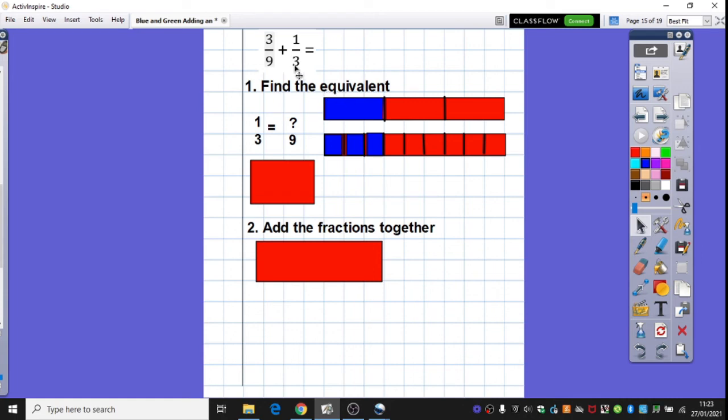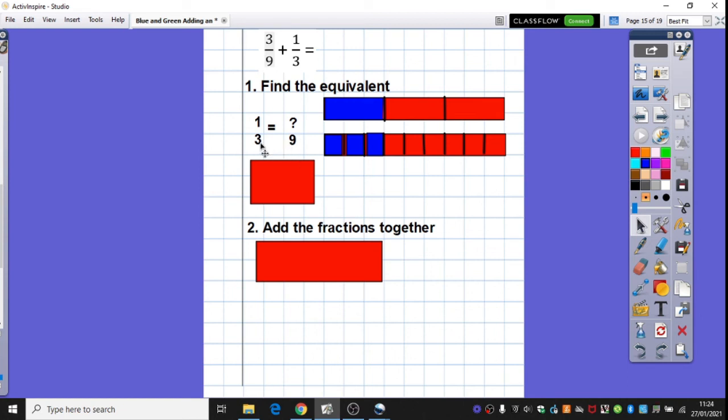So we tend to start with our lowest number, our lowest denominator, to turn into the equivalent. So I've got 1/3 here and I need to turn 1/3 into 9ths. So here's my 1/3 on the bar model. 3 times what makes 9?